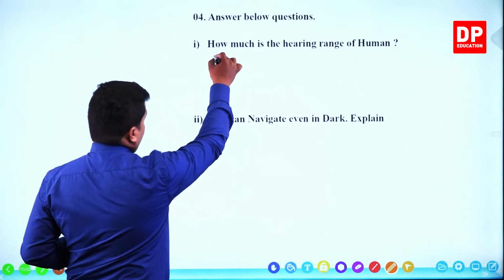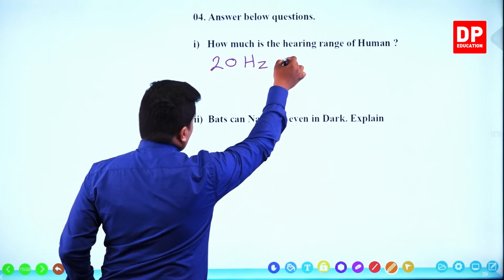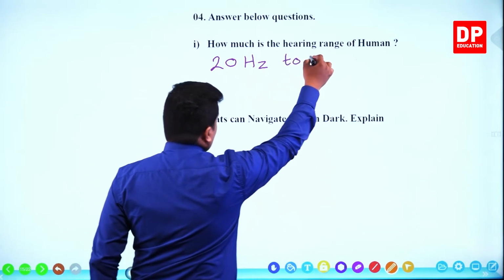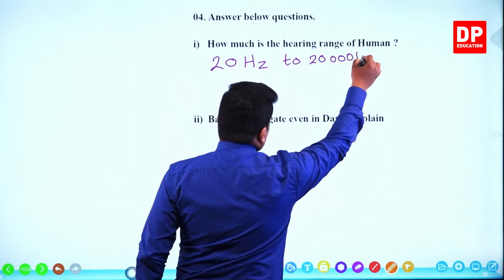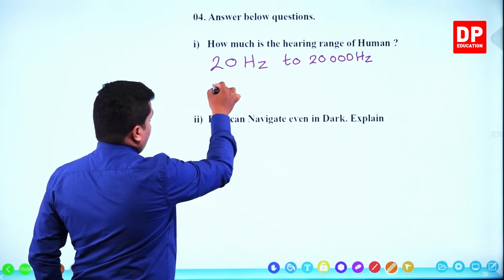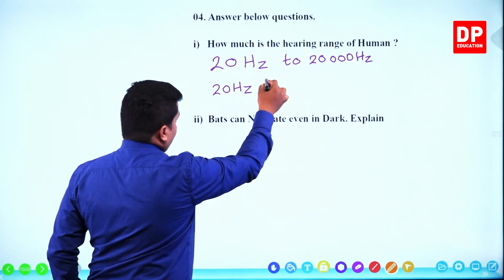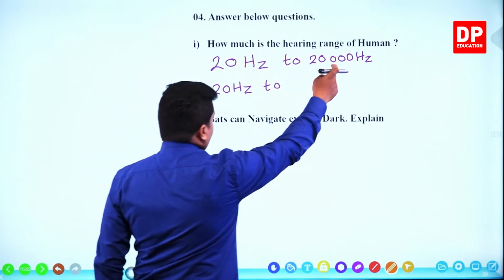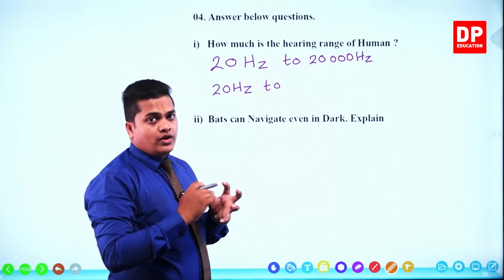So we can write 20 Hertz to 20,000 Hertz. I told you another way to write this frequency: 20 Hertz to, instead of 20,000, we can use 20 kilohertz.